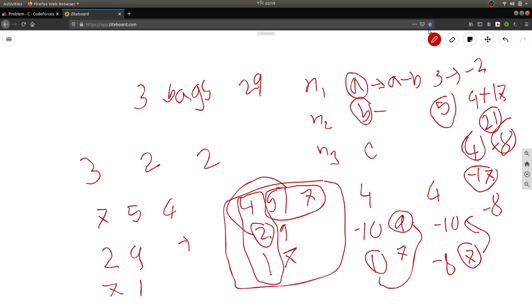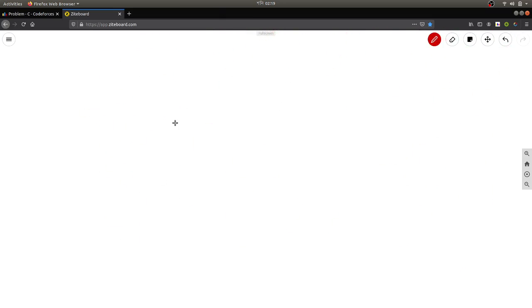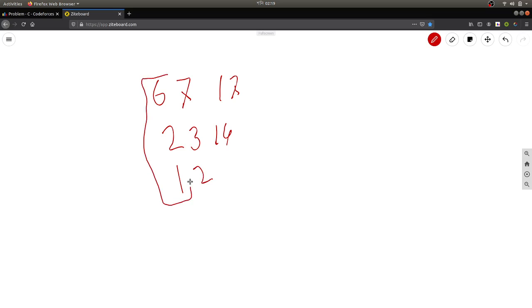Suppose the bags were 6, 7, 17, and 2, 3, 14, and 1, 2. So I take the minimums of the three bags, now I choose the two smallest, and I take them out from the whole sum.